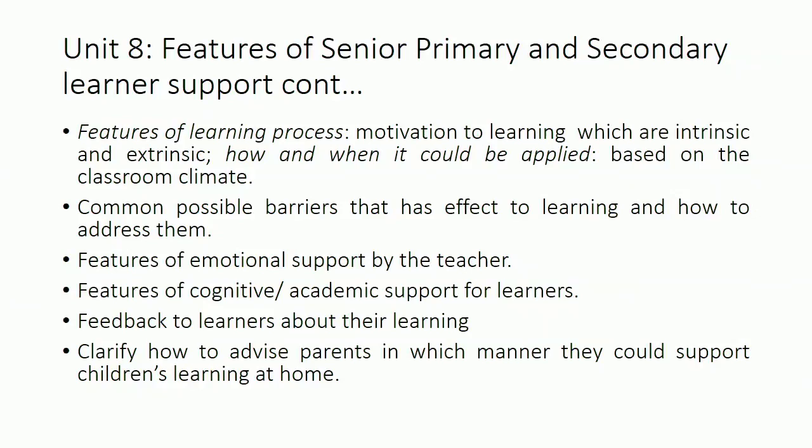And then we have the features of emotional support by the teacher, and the features of cognitive academic support for learners, feedback to learners about their learning, and we clarify how to advise parents in which manner they should support children's learning at home. All these are features for learning to take place. So for learning to take place, we need to do all this.